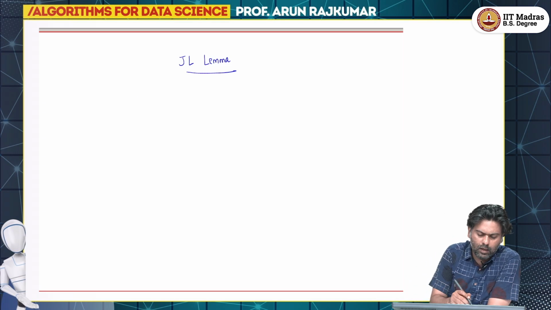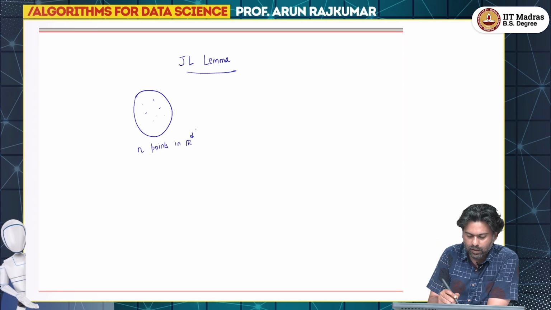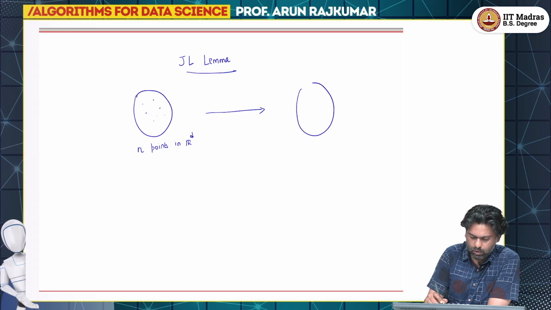The JL lemma is the Johnson-Lindenstrauss lemma, and roughly it says the following. If you have n points in some very high dimensional space, let's say R^D, you can transform these points to n points in R^k using the JL transform.